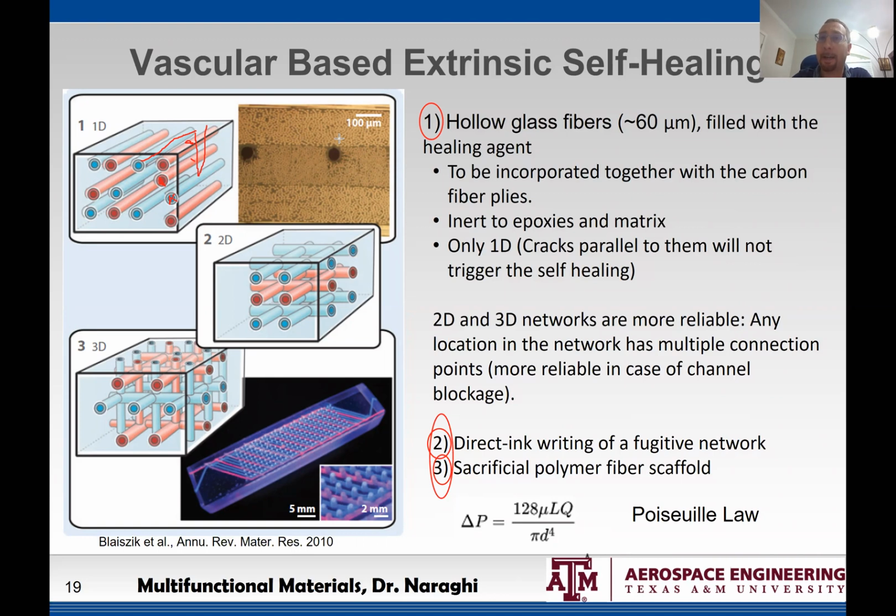The idea there is that, as an example, I put a fiber inside my composite. Initially, the fiber is filling a volume inside the composite. But then I do something, for instance, through thermal treatment, I get rid of the fiber itself after the composite is cured.